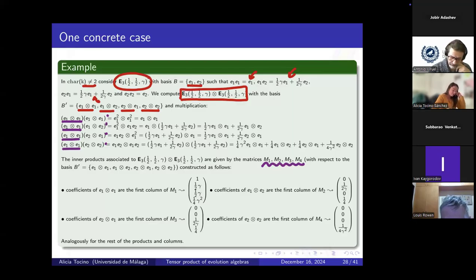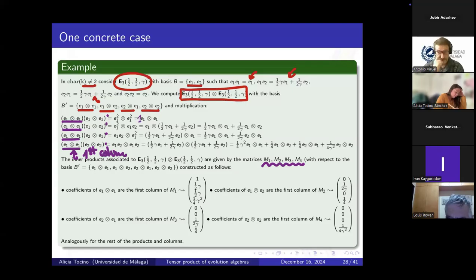So how can we construct the matrices from this product? Since we have computed this, it is fixed, we can only compute the first column of M1, M2, M3, and M4. The first column of M1 is given by the coefficients of A1 times E1.